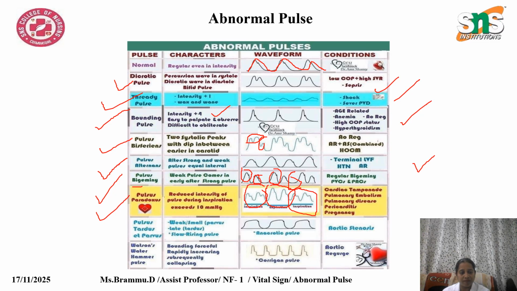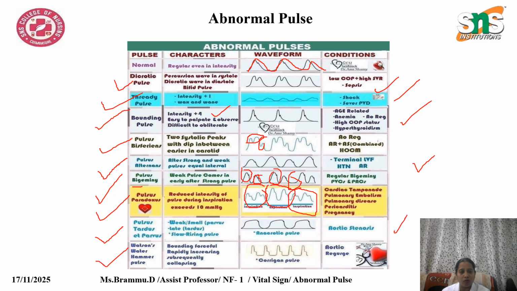Last but not least, you have two more: pulsus tardus and the water hammer pulse, or you call it the Watson's pulse. In pulsus tardus, you have a weak and small pulse, which is slow and rising, mostly seen in aortic stenosis.